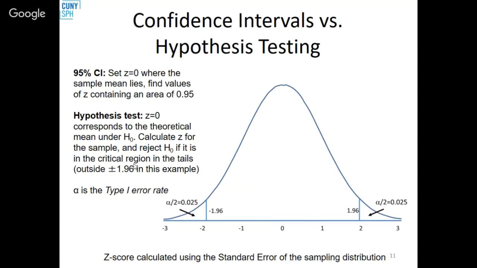So without calculating a confidence interval, you could perform a hypothesis test. And I'll go through that in a lot more steps. But these both would lead you to the same conclusion. Either you reject H0, the null hypothesis, by both, or you accept for both.